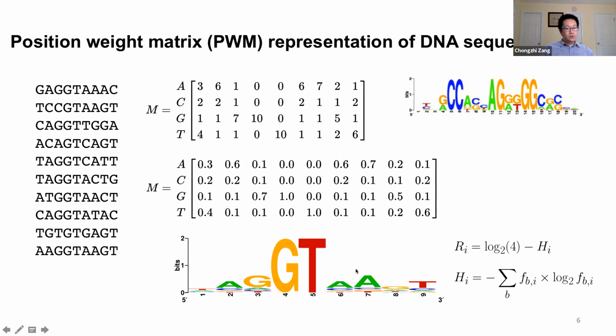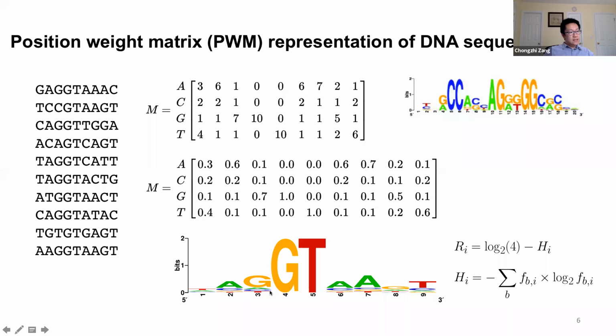There are 2 levels or 2 layers of information in the sequence logo. One is that in each position, the height of each of the 4 nucleotide letters is proportional to the relative percentage of the occurrence of each of the nucleotides.